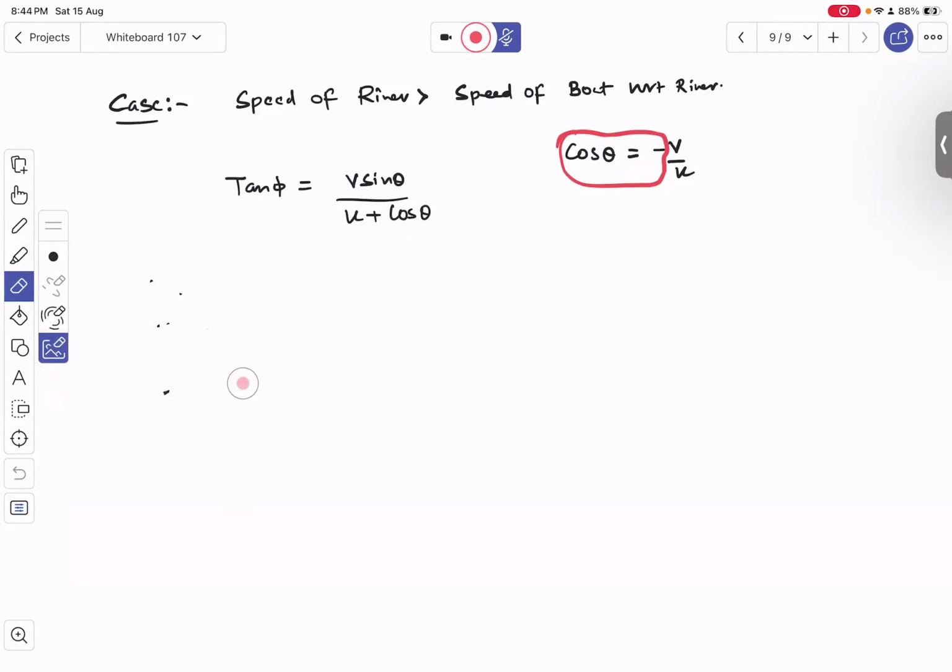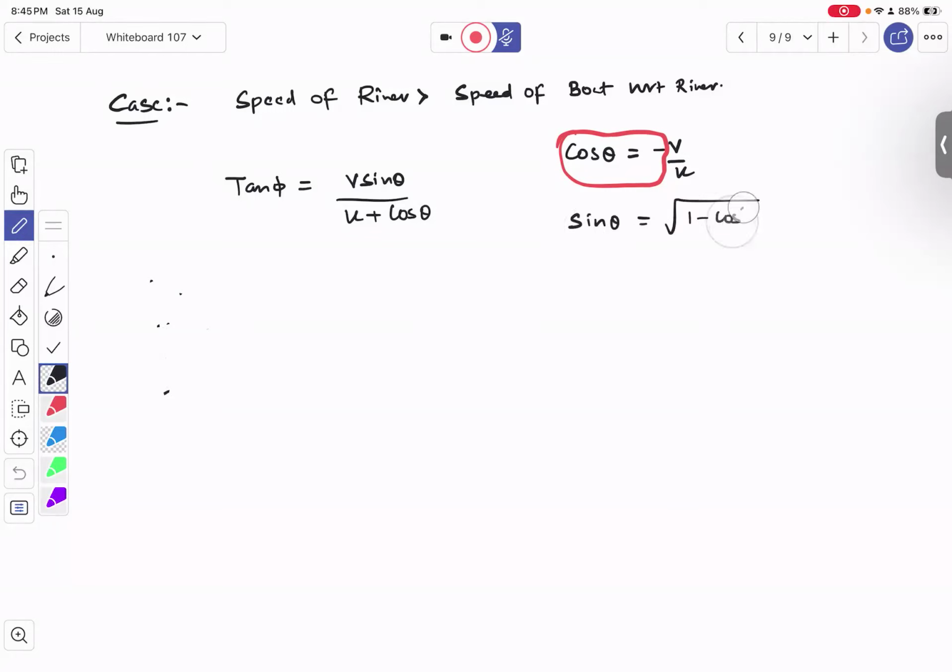So plug in the value of cos theta, minus v by u. And sin theta we can find out using 1 minus cos square theta. If I use that, it will be root over u square minus v square by u. So v into root over u square minus v square by u, divided by u plus v cos theta.